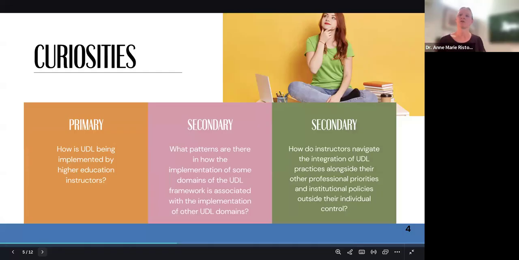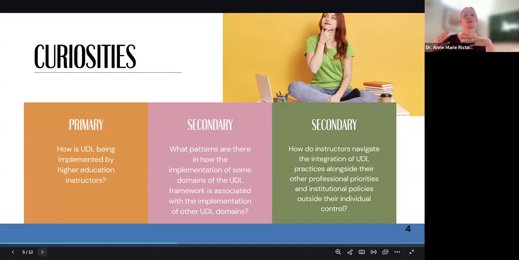We were at those conversations of these are the guidelines and this is what we're doing, but we weren't talking about the actual practices. It was like we're giving multiple means of expression instead of what that looks like in a higher ed setting. And then for secondary, we looked at what patterns are there and how the implementation of some domains of the UDL framework is associated with the implementation of other UDL domains.